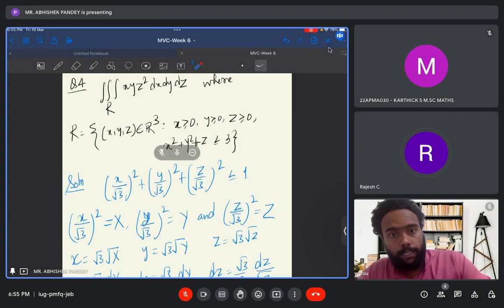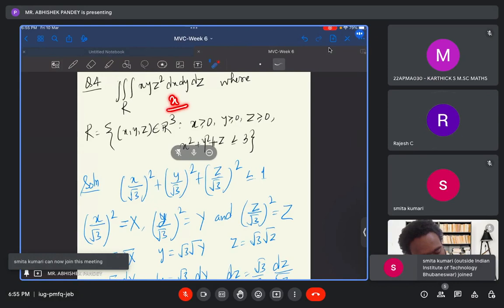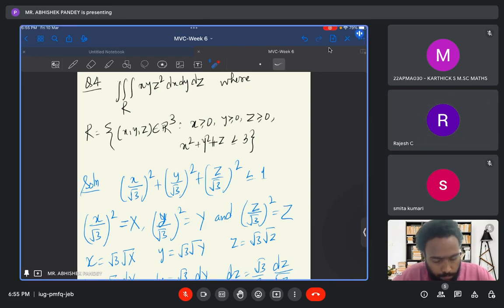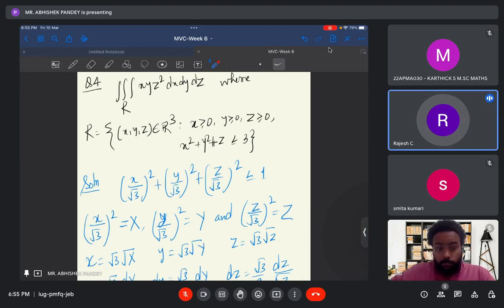So then you have to take x by root over 27. We did everything, but the answer option is not available. I marked 243 by 8 because I assumed x square plus y square plus z square is equal to 9. Then I got 243 by 8. I lost 1 mark in the exam.